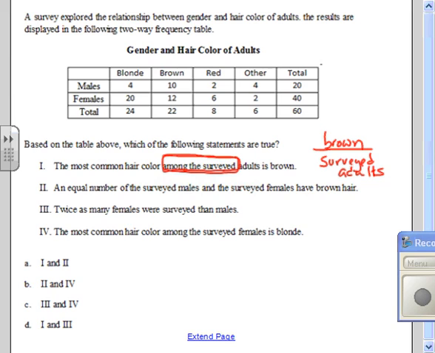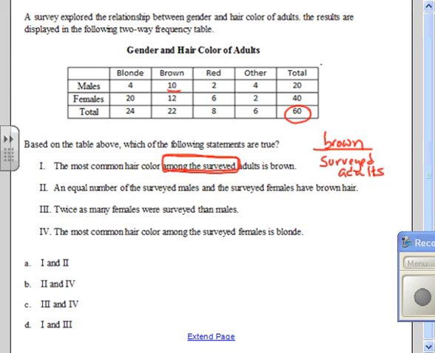So looking at this, if you look at the surveyed adults, there are a grand total of 60 people who are surveyed. It doesn't say male, female, doesn't specify, so 60. Out of 60, 10 said brown.